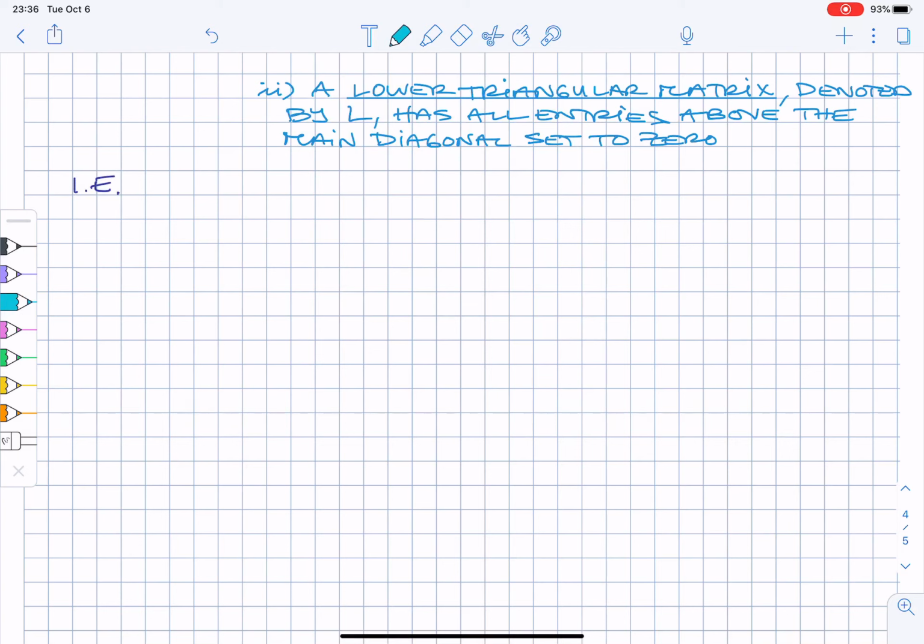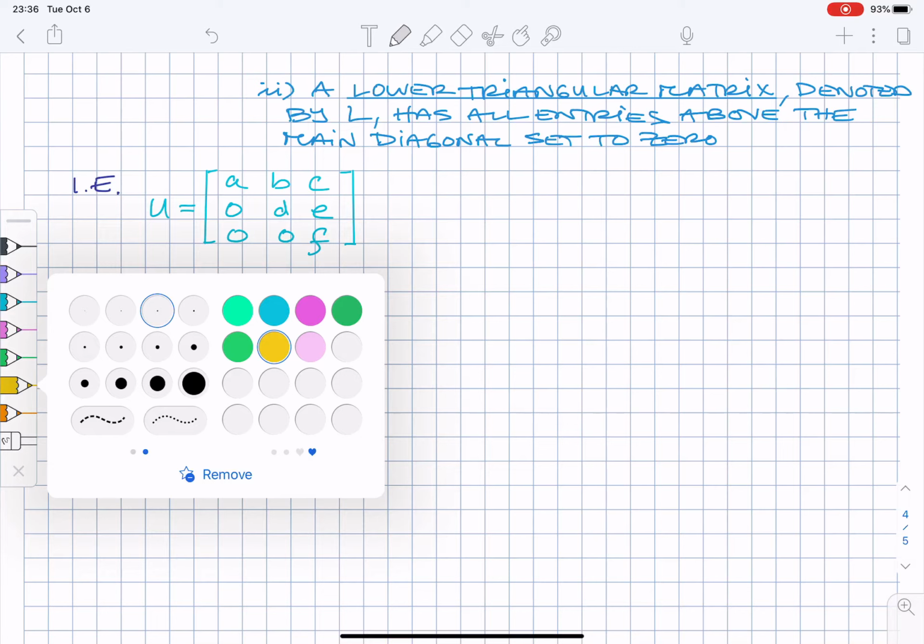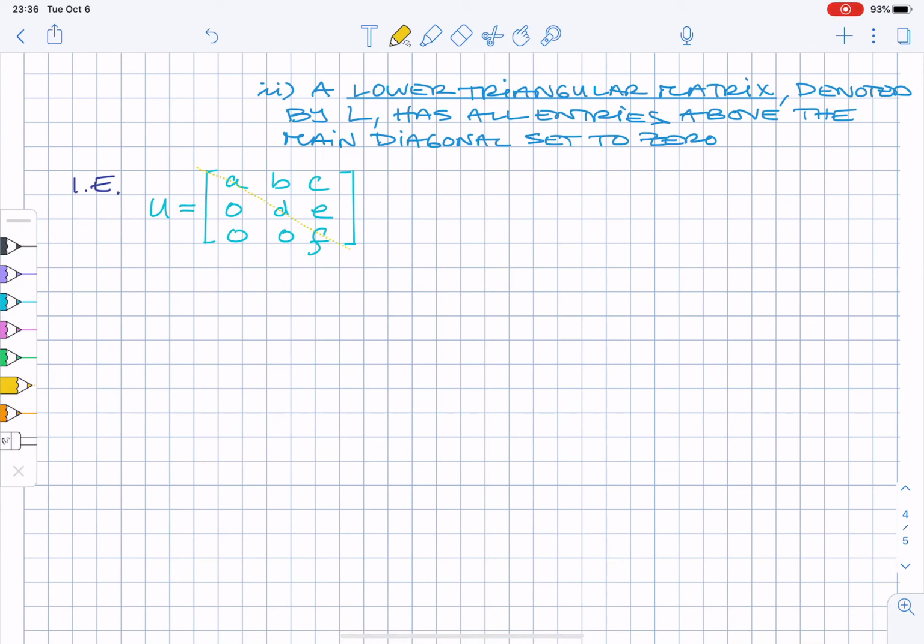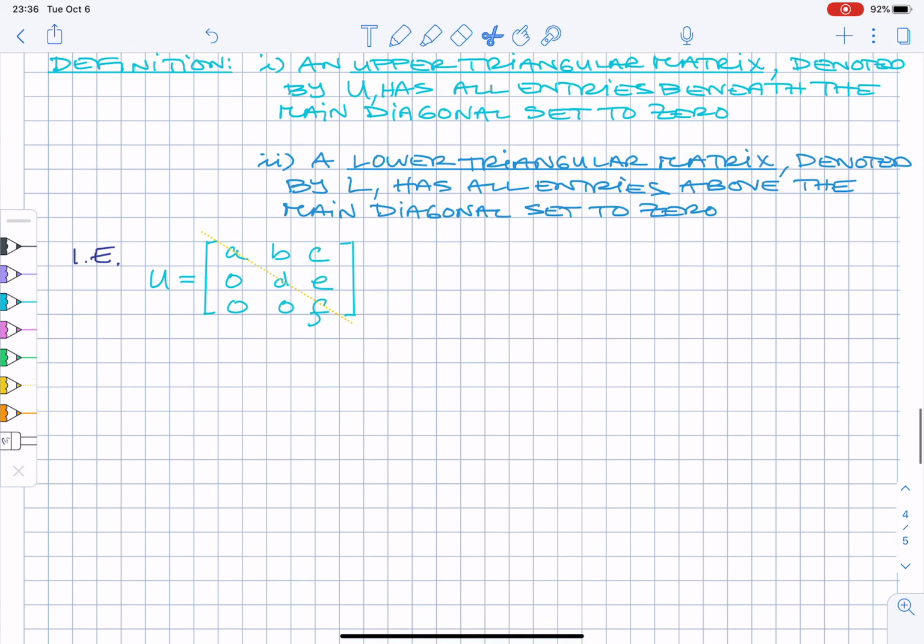So an upper triangular matrix would look something like A, B, C, 0, D, E, 0, 0, F. So all entries beneath the main diagonal are 0, right?